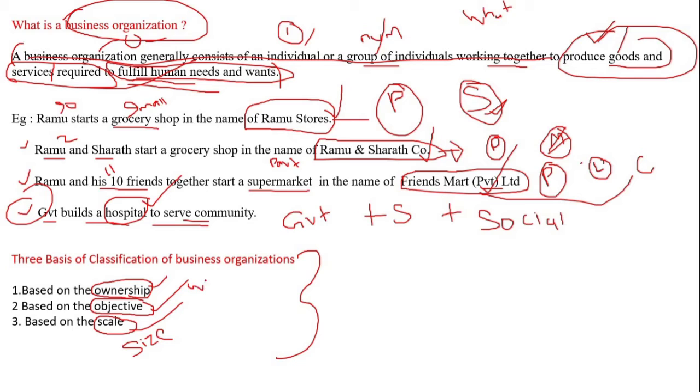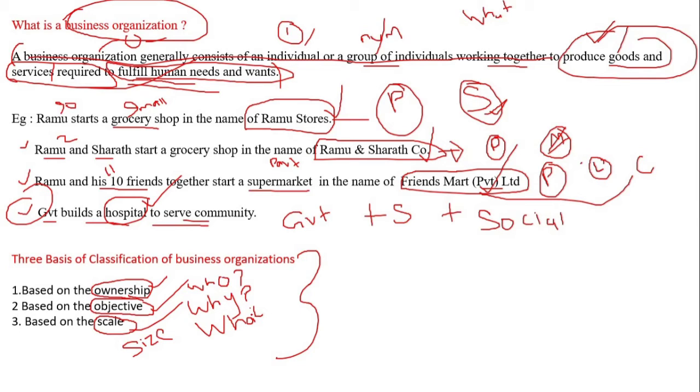Who owns the business? It will give the classification according to the ownership. Why does the business exist? This will give the classification according to objective. Right? What is the size?